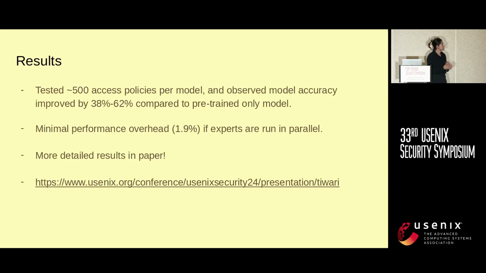We tested 500 different access policies for each of the different models, and we observed an improvement in perplexity of 38 to 62% compared to the pre-trained only model. And if we run the experts in parallel, we also achieve a very minimal performance degradation in terms of runtime compared to a model without this architecture, of only 1.9% overhead.